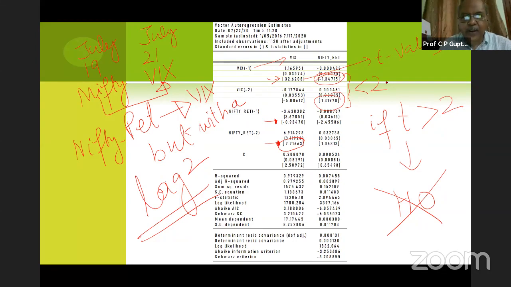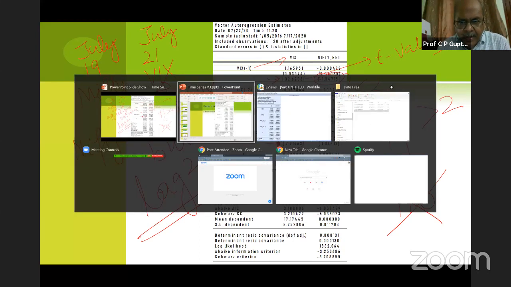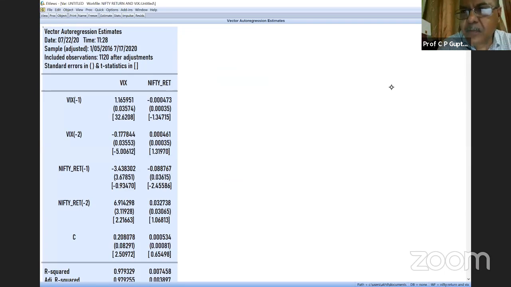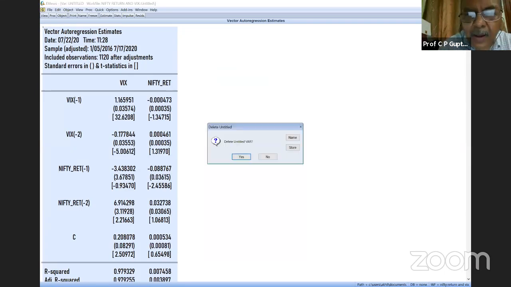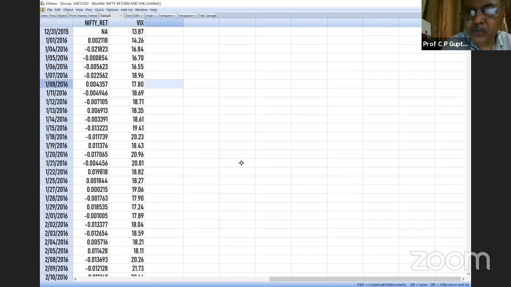So friends, whatever approach you follow, the bottom-up approach or the top-down approach, the result will always be the same. There will be no difference in it. Okay. Friends, let me take one more data set and show you how you can get the results. How do you get the Granger causality in that?